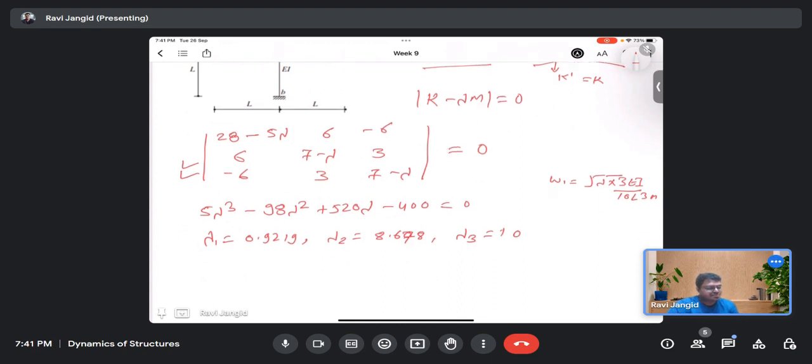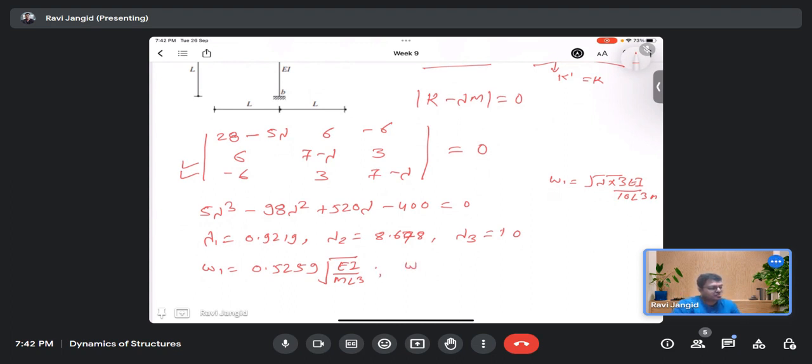So your omega 1 would be 0.5259 times square root of EI by m L cube.